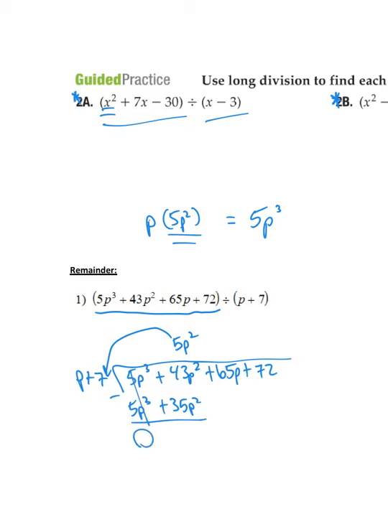And then 43 minus 35 is going to be 8, a positive 8p squared. Bring down the 65p. And we start over. Okay, so now we're thinking of, if again we're starting with p, what can we multiply it by to get 8p squared?